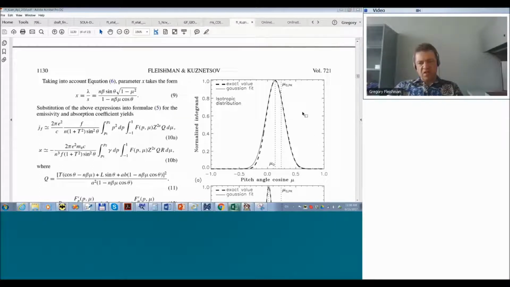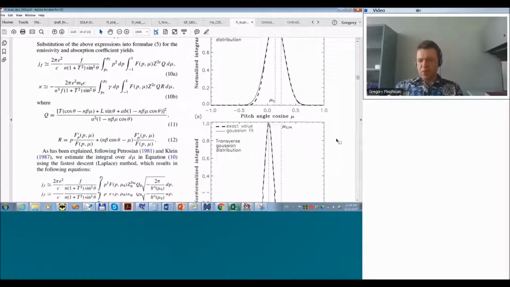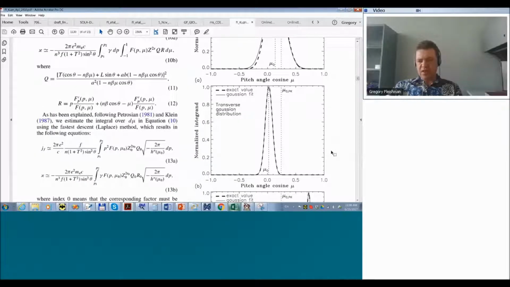And this is, again, the case of the quad which was built last summer. Frequently, the angular distributions of radiating particles are not isotropic. They have a preferential direction of motion, maybe along the magnetic field or transverse to the magnetic field. And in this case, we have a real issue with the analytical approximation.